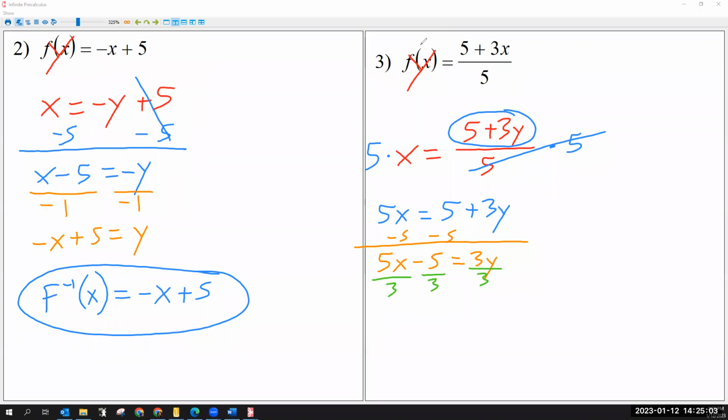I can say it's 5 over 3 x minus 5 over 3. Since none of those simplify, I could have just done this: 5x minus 5 all over 3. They're both the same. It doesn't matter. Either way, I do need my f -1 of x.